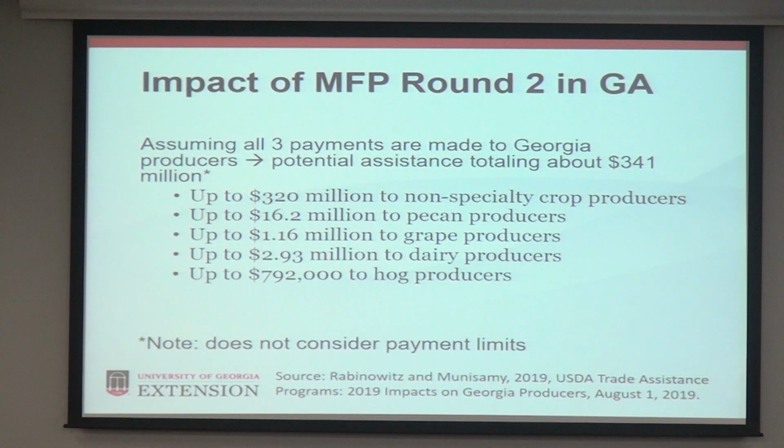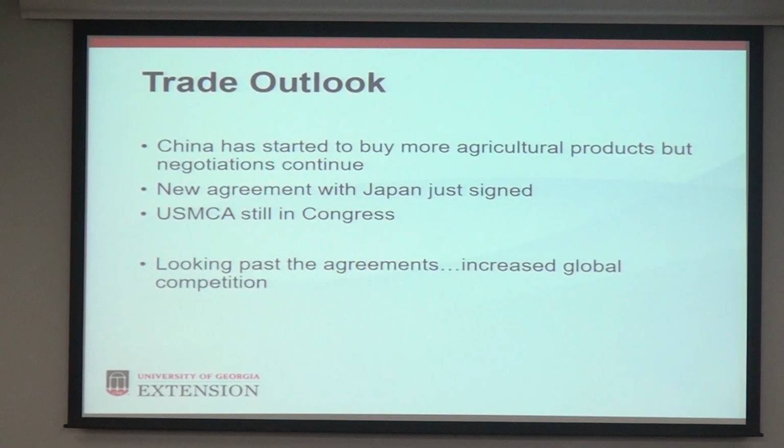Just want to briefly also mention to you in terms of trade outlook, a few points to think about as we move forward, because these programs are dependent upon the continued trade disputes, which certainly nobody's really thrilled about. The fact that China has started to buy more agricultural products is certainly a good sign.